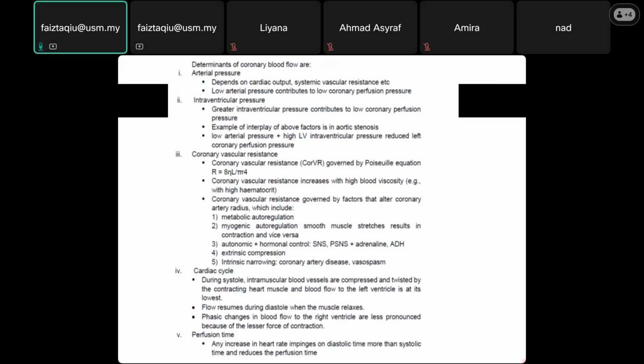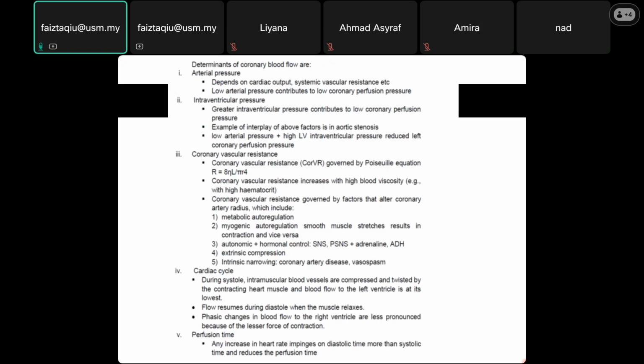They give aortic stenosis as an example: low arterial pressure plus high intraventricular pressure reduces left coronary perfusion pressure. The third point is coronary vascular resistance. They give Hagen-Poiseuille's law, the factors that affect the radius, and then autoregulation.